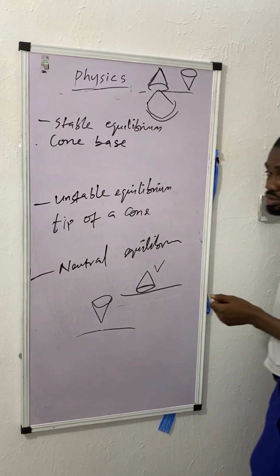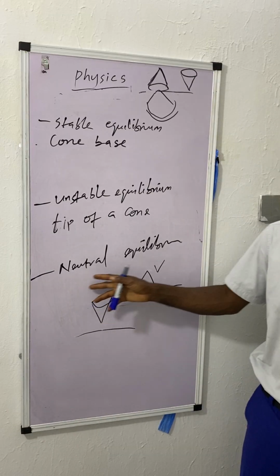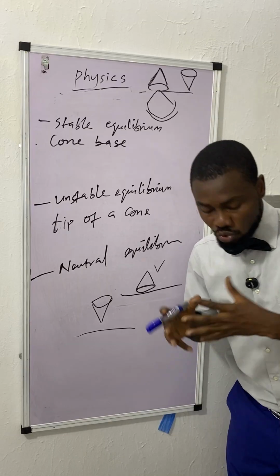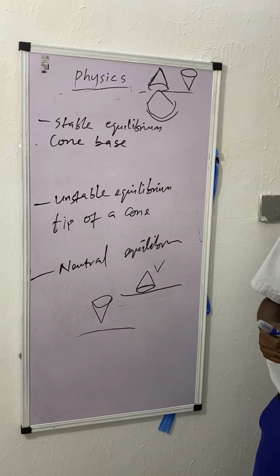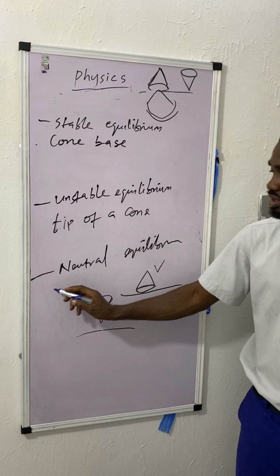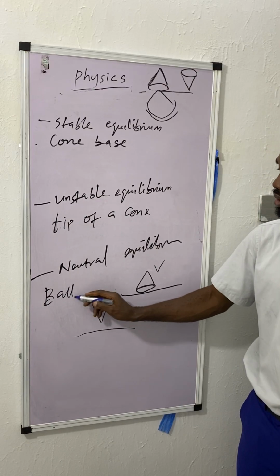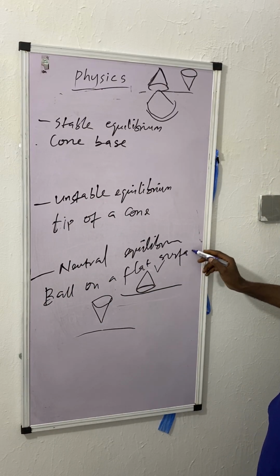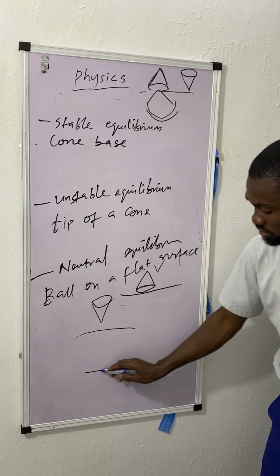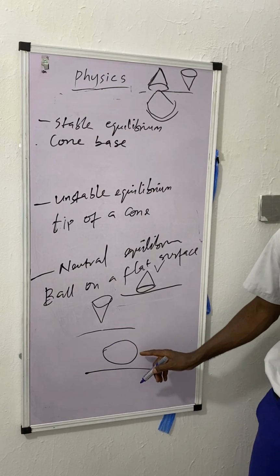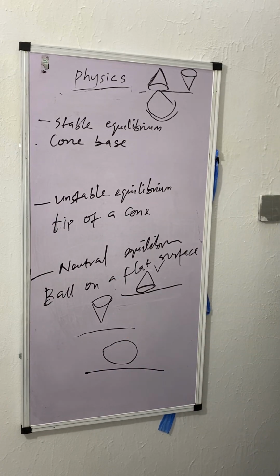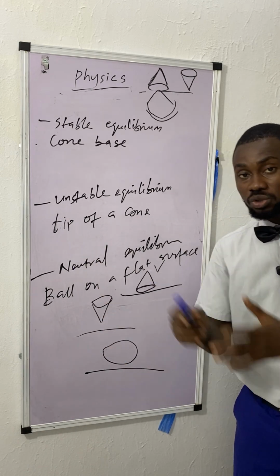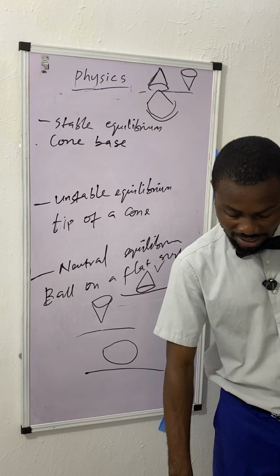Then neutral is when you disturb the body a little, it assumes a new position entirely. So it's when you put a ball on a flat surface. We put a ball, and when you disturb the ball, what happens? The ball attains a new position. You see it in another position.